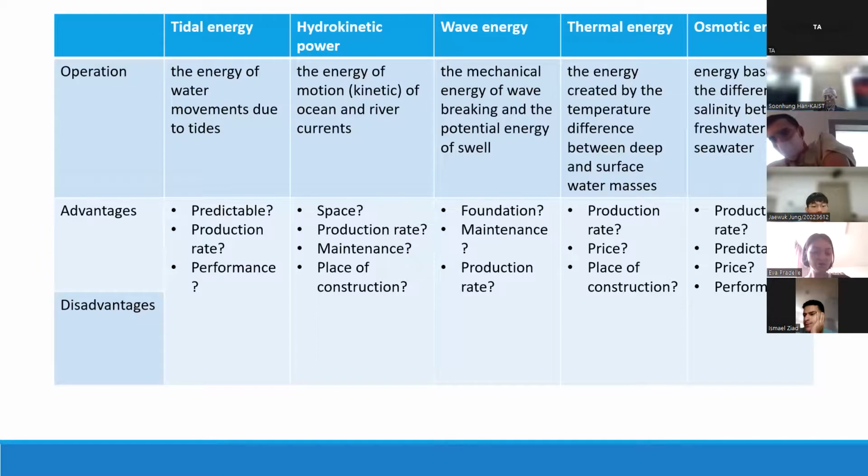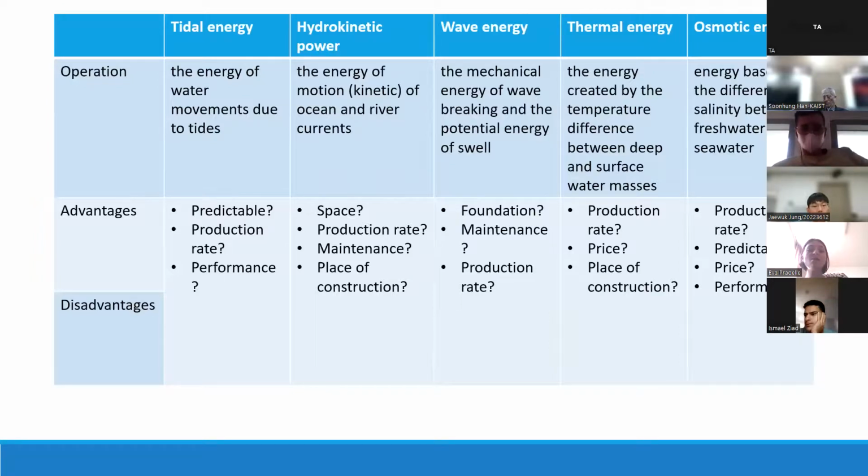And there are two other disadvantages that I thought about. One is linked to the price. So if it's a disadvantage, that means the price is really high. And the other disadvantage is linked with the operation of osmotic energy, which uses fresh water and seawater.